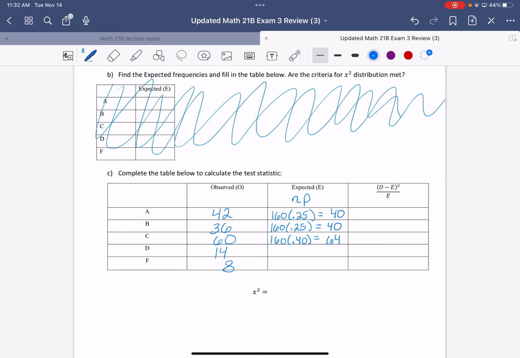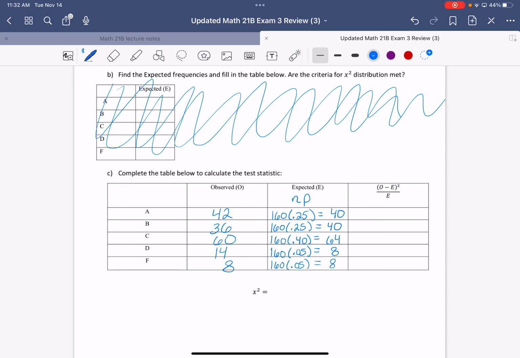For D, sample size 160 times its proportion. D had a 5%, so 0.05, which will give you 8. And then lastly for F, 160 times 0.05 again, which is again 8.